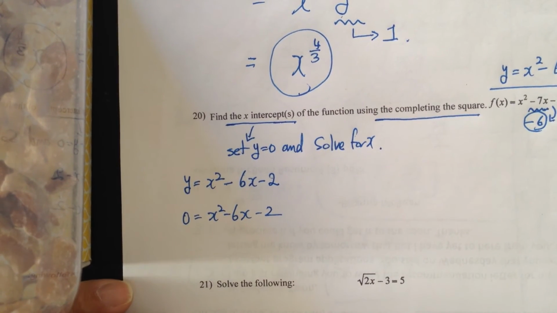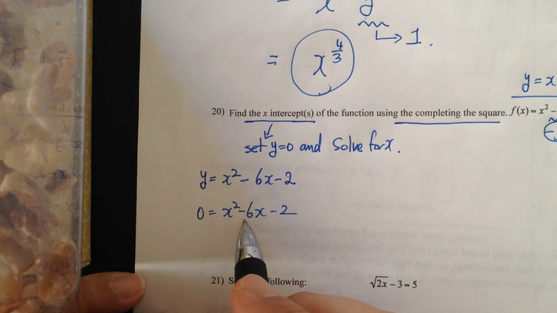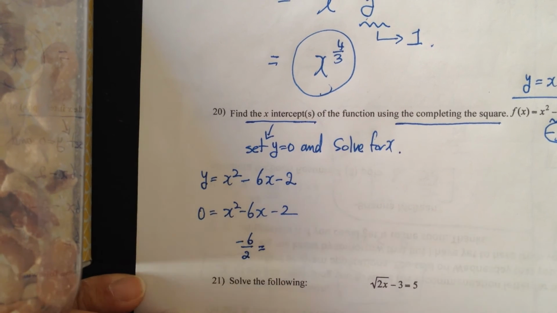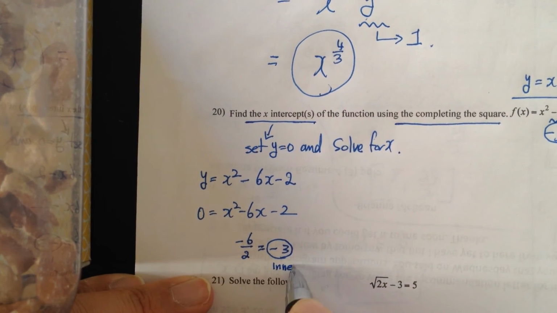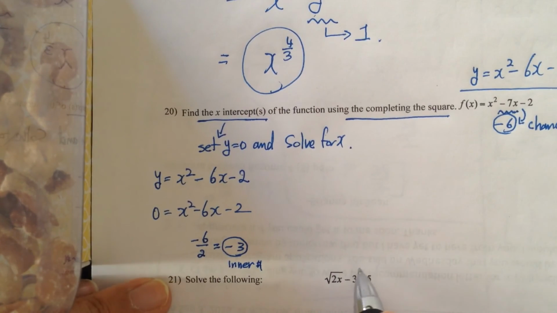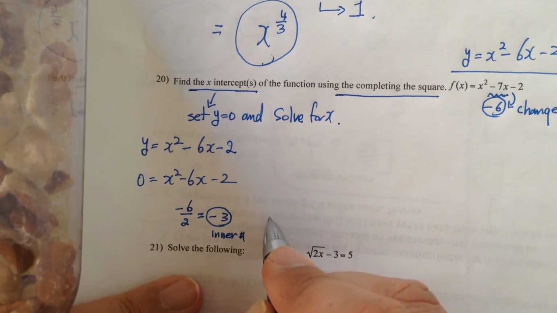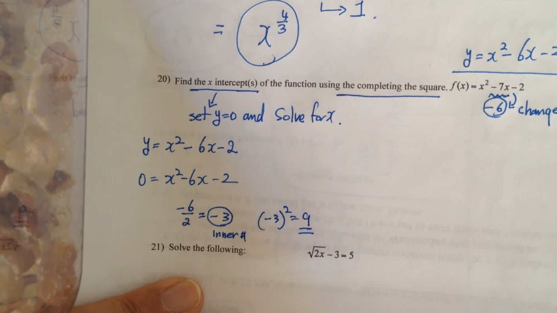All we have to do is the following. Take the middle guy, the number, -6, and you always have to divide it by 2, which is going to get you -3. We call it inner number. And then we're going to square the -3. 9.